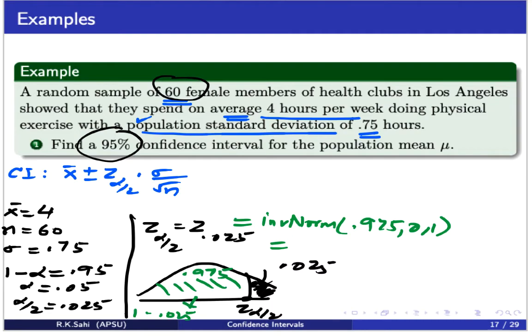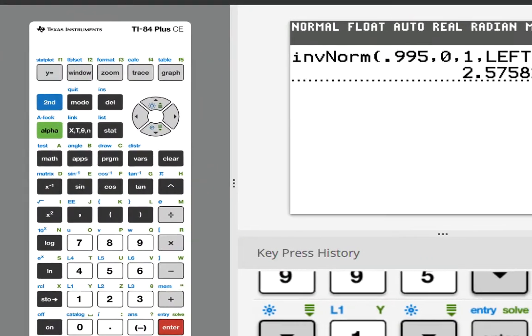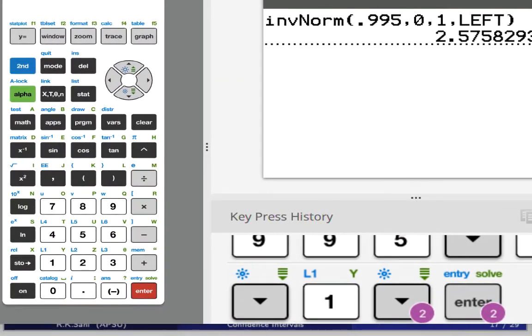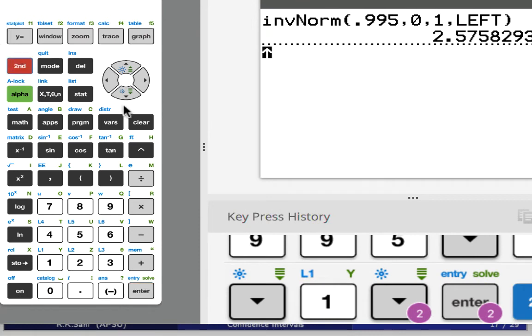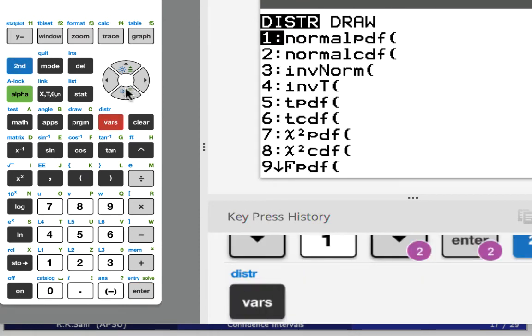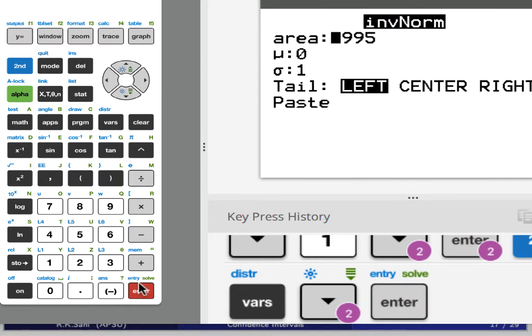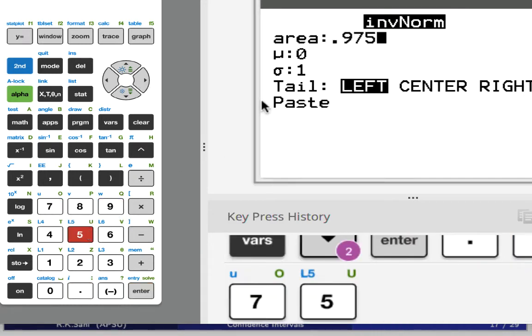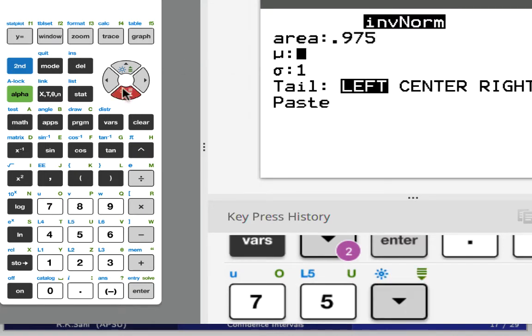Let's go ahead, take your calculators out. Second vars. Take the cursor to number 3. Press enter. It's 0.975. So I'm going to write 0.975. The rest is the same, 0 and 1.